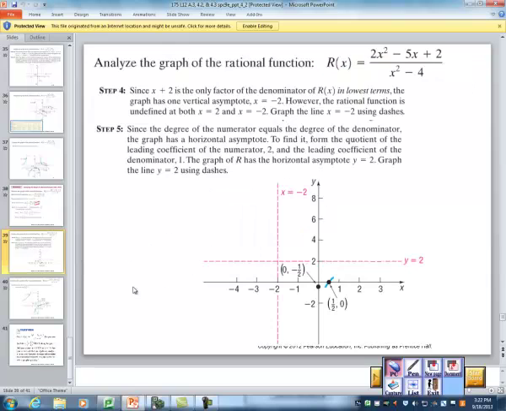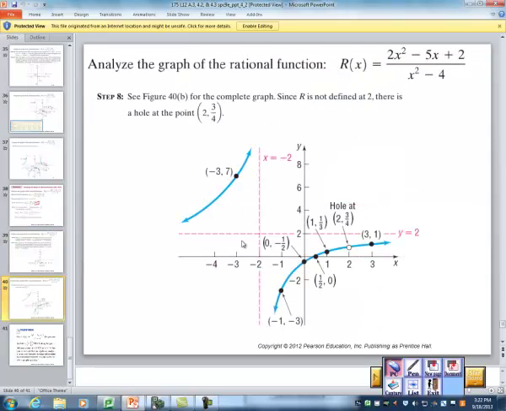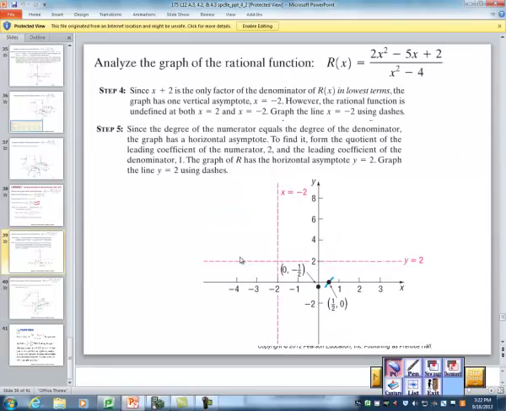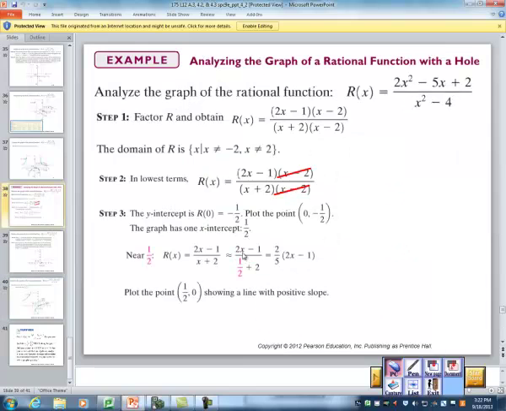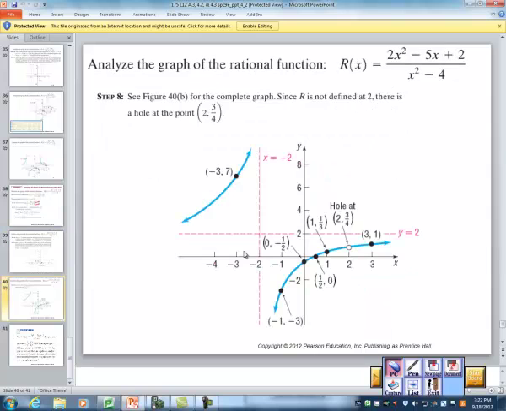And so that's what this is here. So here's our vertical asymptote at x equals negative 2, but we don't have another vertical asymptote. That's just a hole there. Now your calculator is not going to show that, but if you go to the table of values, it'll show that it's an error there, or an undefined.